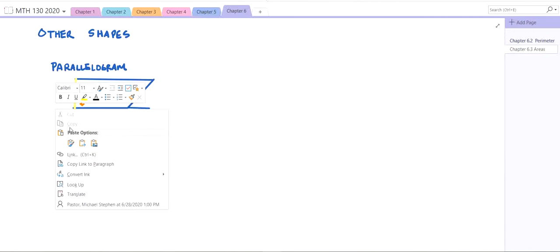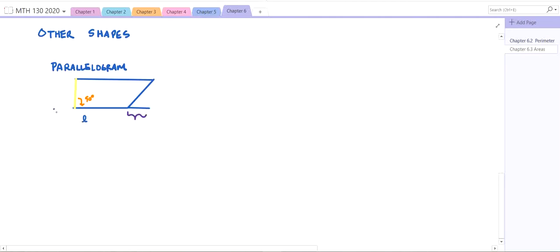It's exactly the same length. So I didn't change the overall length of this bottom line. So it is still length L.